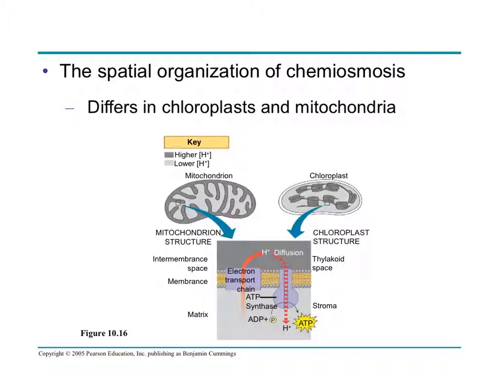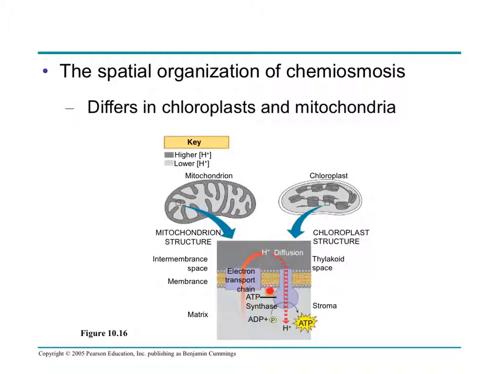Okay, so here is just comparing and contrasting the location of where chemiosmosis is happening. Both of these electron transport chains are embedded in a lipid bilayer, a membrane like we've talked about, and we have multiple proteins that are embedded in there that are passing those electrons along, but one is in the cristae of the mitochondria and the other is in the thylakoid of the chloroplast.